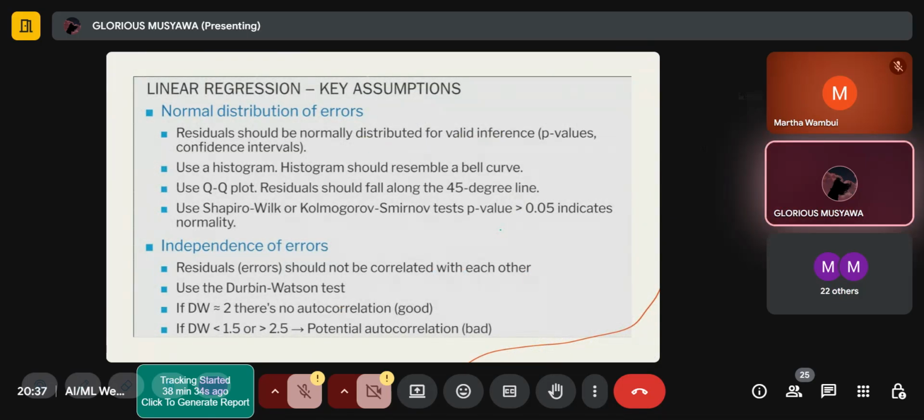Okay, normal distribution of error. How do you explain this one? Because we are dealing with normal data, I won't say normal data, but for linear regression, the error should be normally distributed.